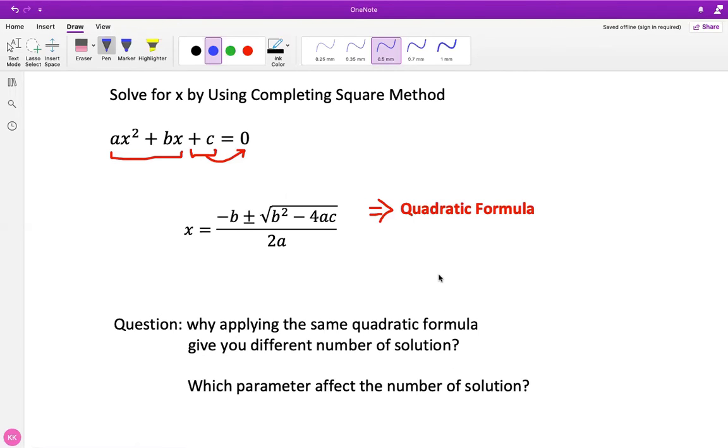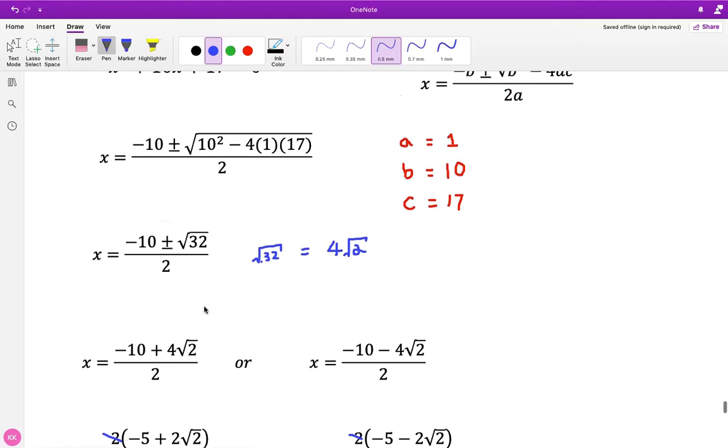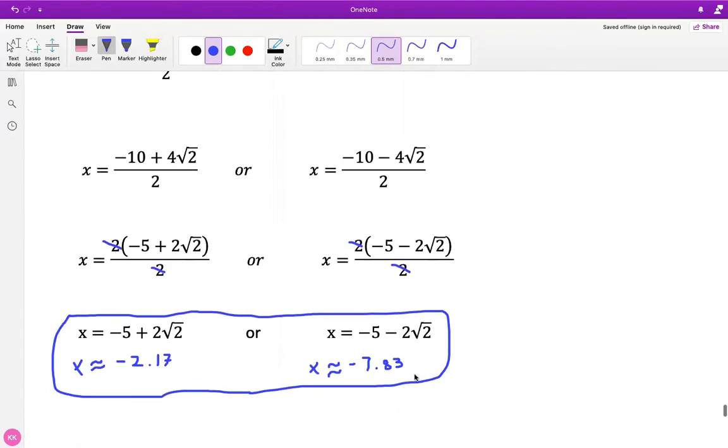So let's go back and take a look. In the first example, you will see that I have two solutions because this number inside the square root is greater than 0, right? So that's why I can split the equation into two portions, with a plus or with a minus. So that's why I got two solutions.